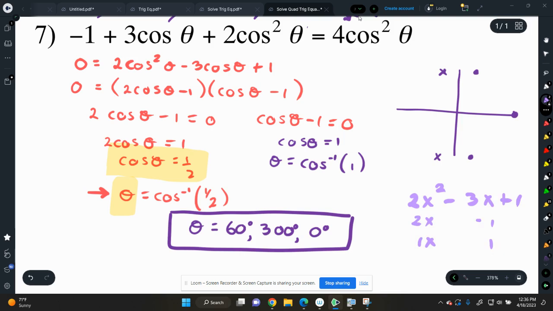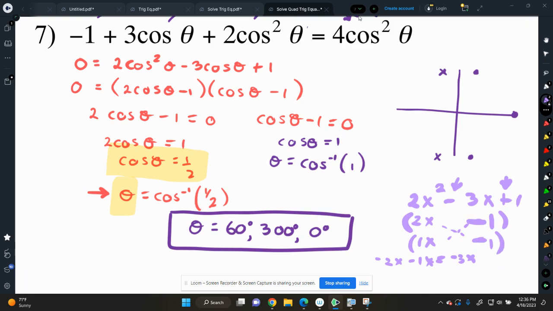They both have to be negative because this is positive, but this is negative. So then just double checking it, 2x times negative 1 is negative 2x. X times negative 1 is negative x, so we get negative 3x, so that's factored correctly. So my factors go straight across. So the cosine is just like an x pretty much.